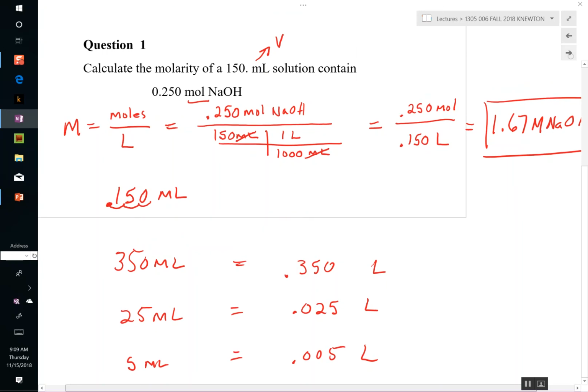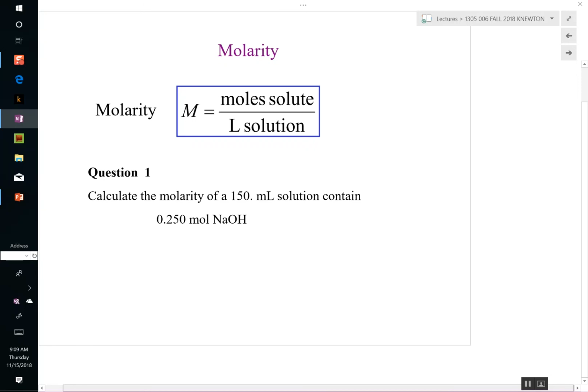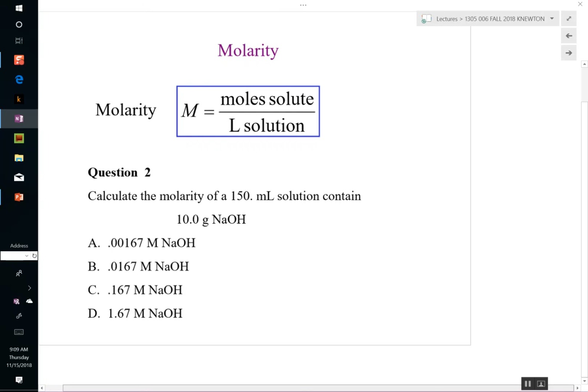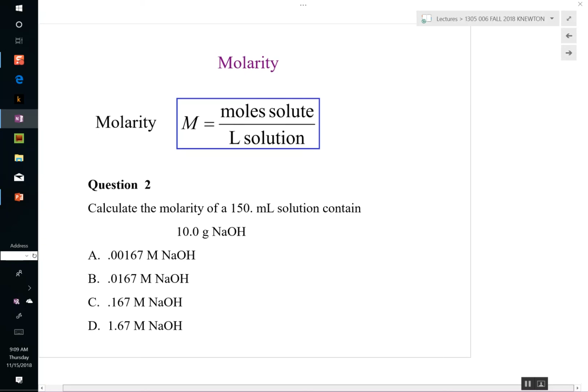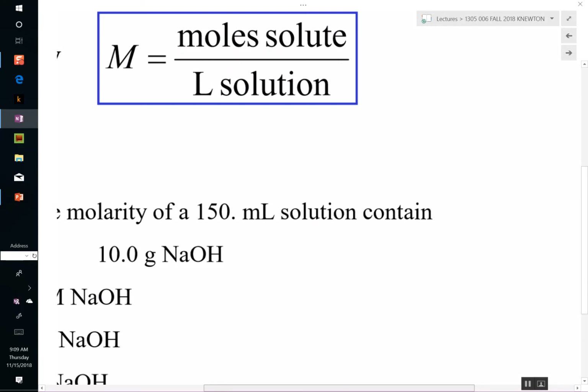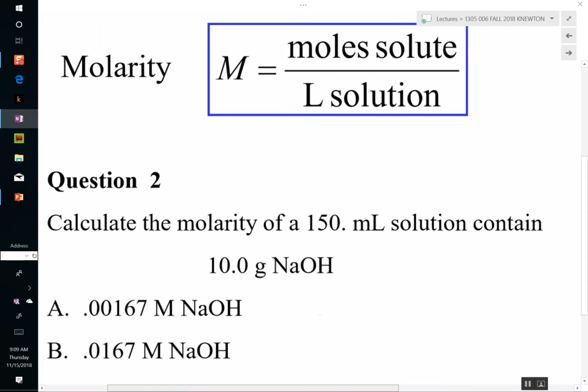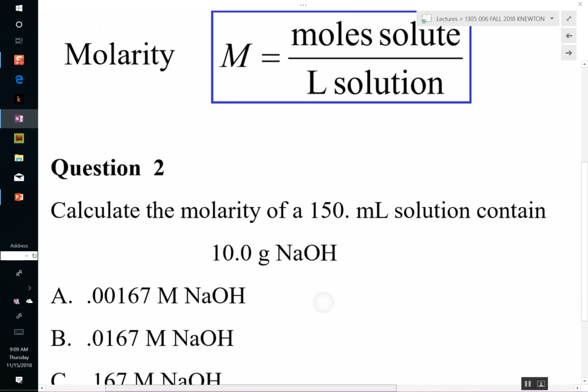Let's do one more problem. Calculate the molarity of a 150 milliliter solution that contains 10 grams of sodium hydroxide.